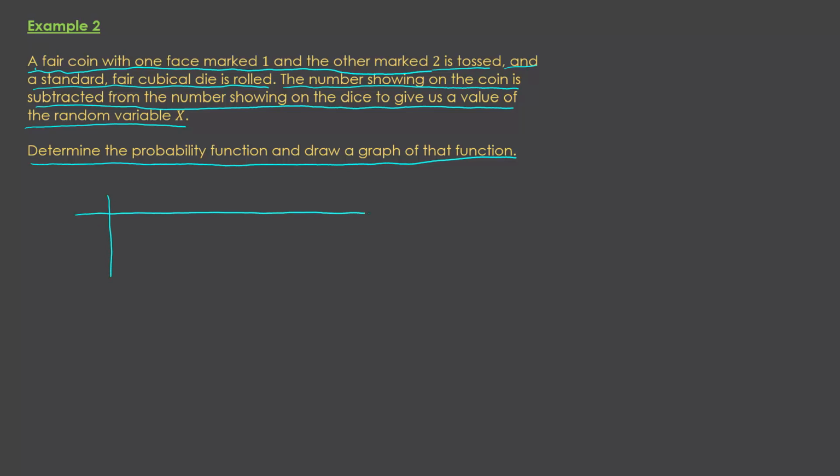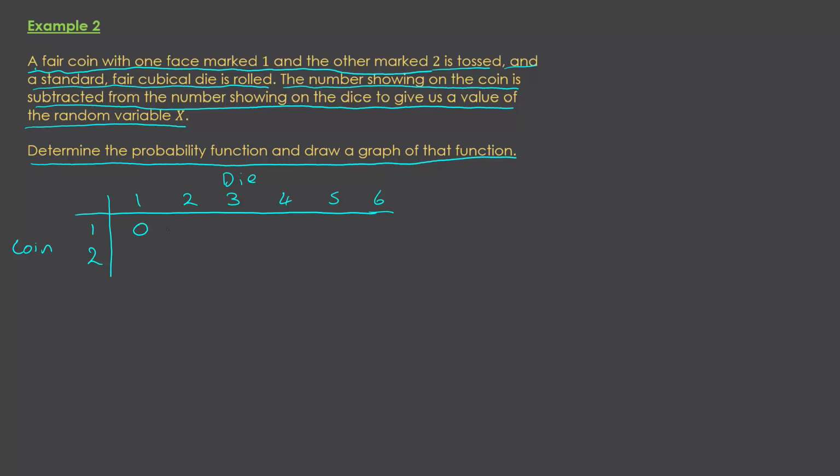So what we could do is put the coin here, 1 and 2, and put the die up here, 1, 2, 3, 4, 5, 6. Now, if we toss a 1 on the coin, then 1 is going to be subtracted from what we get on the die.